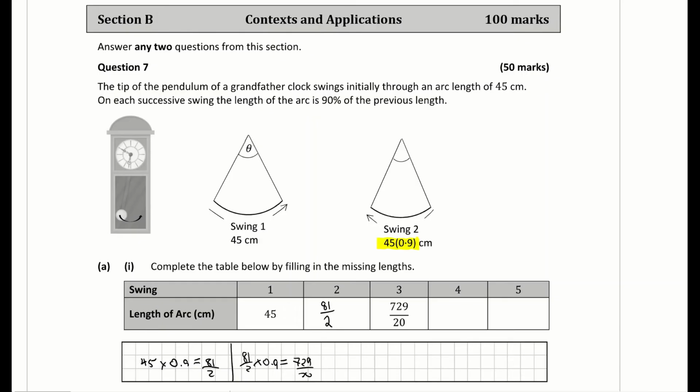I'm multiplying each successive answer by 0.9. So my fourth swing is 6,561 over 200. And my final swing on my calculator, it's coming up as a decimal, 29.5245. And that's A part 1.